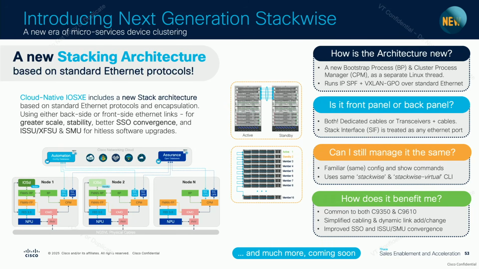In the 9350 discussion, we were talking about putting them in different combinations, but the way that you manage it is the same as it was previously, okay? And the other thing is, it's subtle, but this should resonate with the audience: before 9350, Stackwise was actually a different thing than 9600 Stackwise Virtual. We gave them the same name, but they really were two different things. This next gen Stackwise is the exact same architecture on 9350 as well as the 9610.